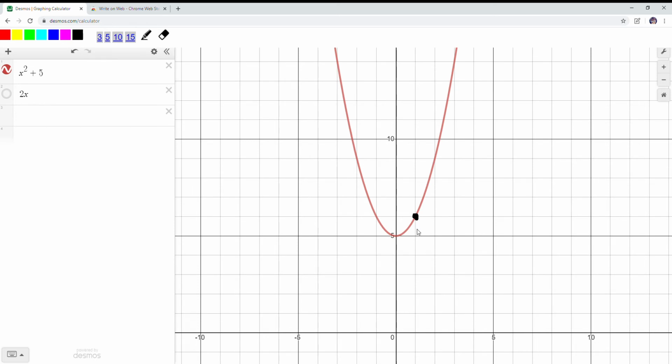At this point, x is equal to 1. So if we go to our derivative equation, 2x, and we plug in 1, then 2 times 1 is just 2. That means the slope of this point is 2, or 2 over 1.